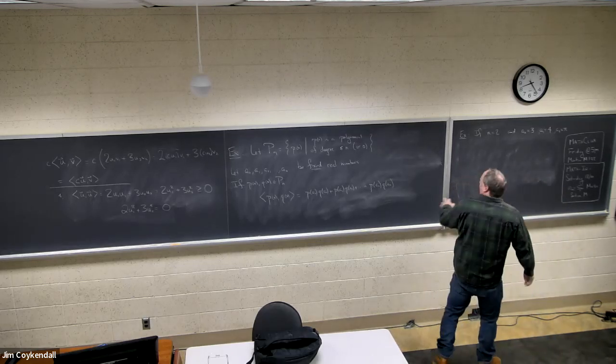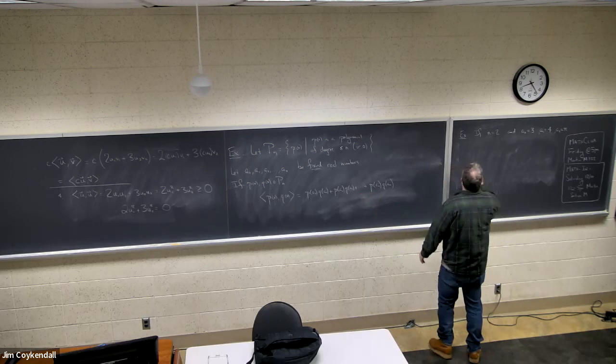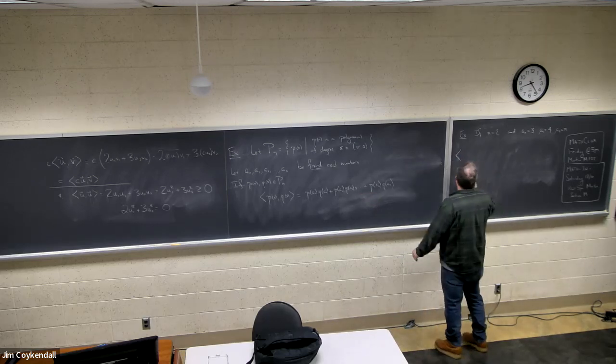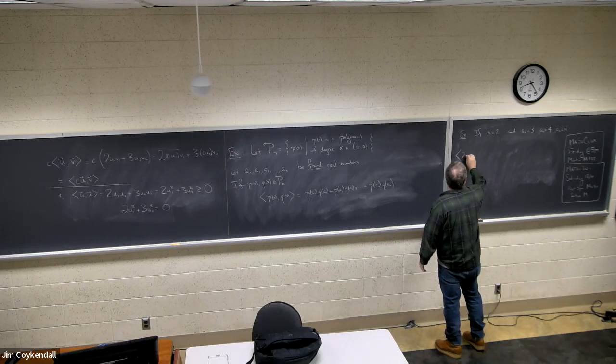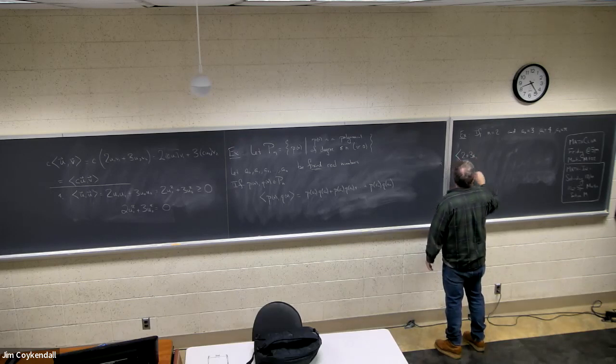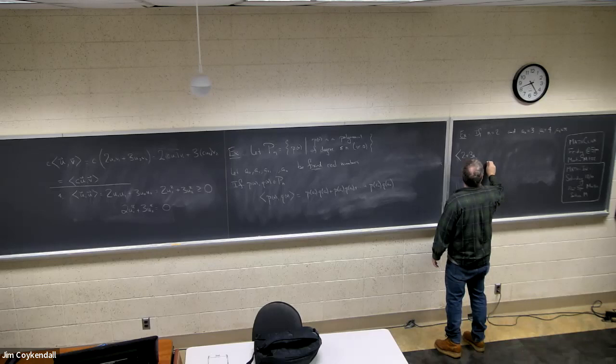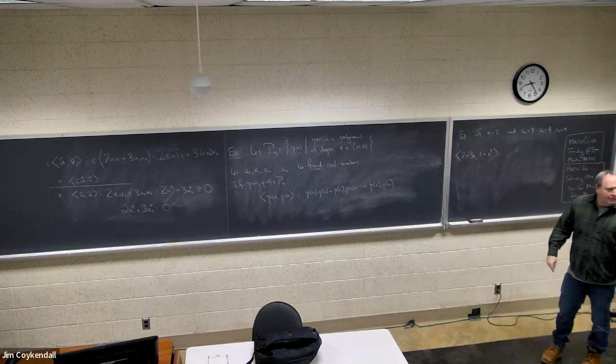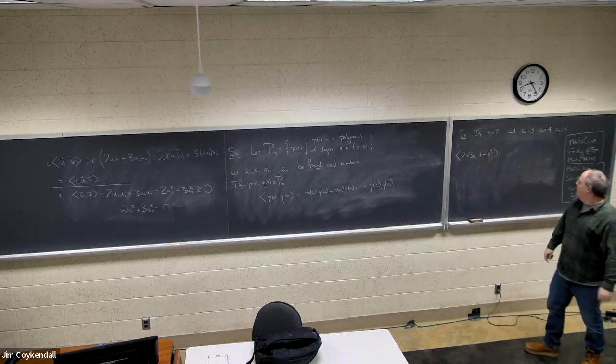Right? So what do I mean by this right here? So if I take the inner product, let me make up a degree 2 polynomial here. Let's look at 2 plus 3x and an inner product with 1 minus x squared. How does this inner product work?